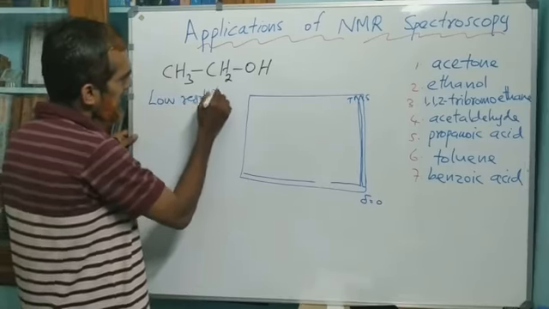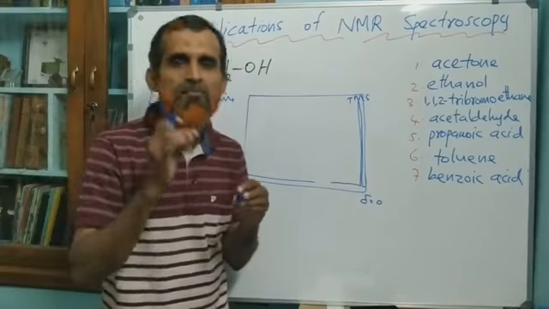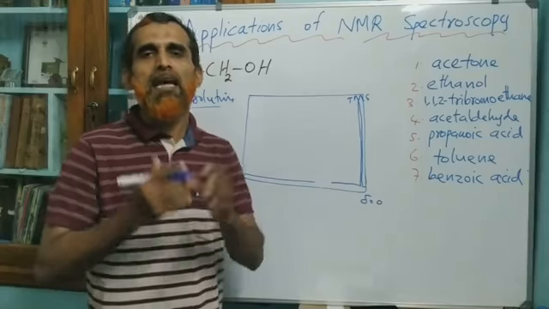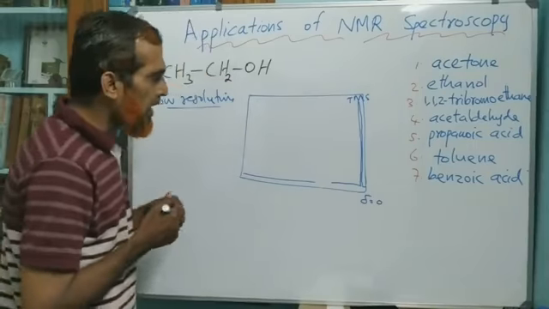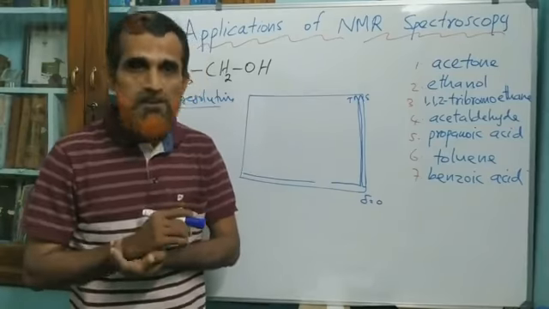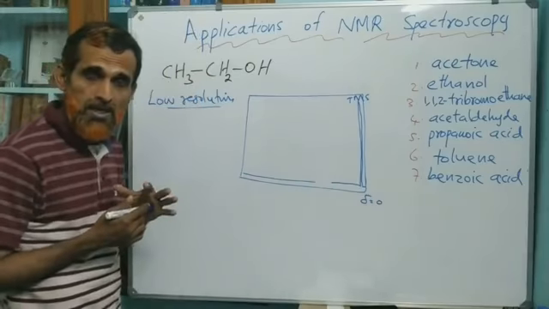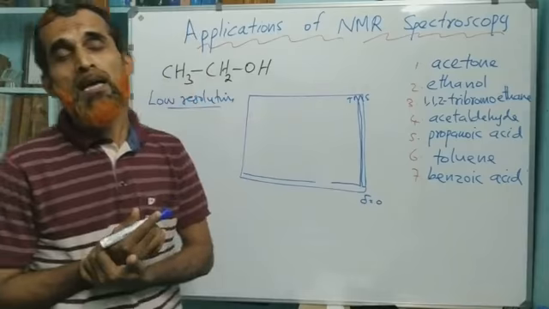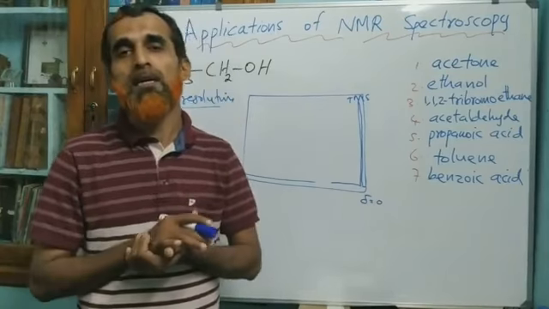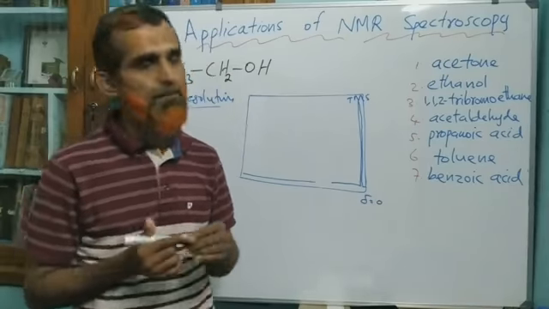That is NMR spectroscopy using a very weak field and run at a low frequency, where you will not see the spin-spin coupling. That is low resolution. Whereas high resolution will include the spin-spin coupling, and splitting of signals will be seen.